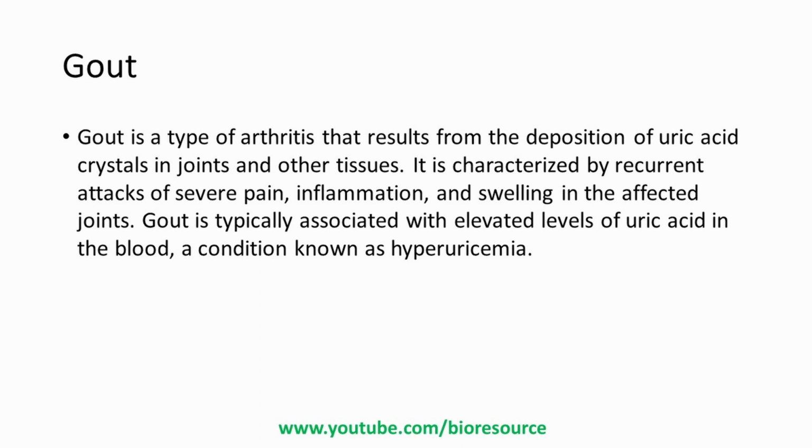So it can be of two reasons: one is overproduction or increased formation of uric acid, or the other is decreased renal excretion. Whatever the cause may be, gout is associated with hyperuricemia, but hyperuricemia is not always associated with gout.